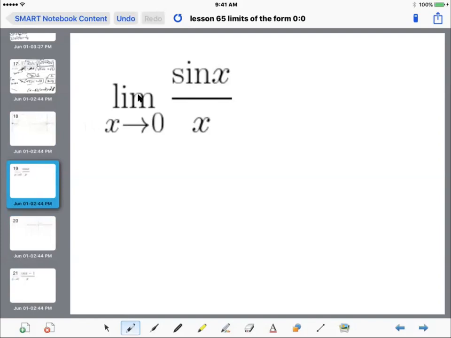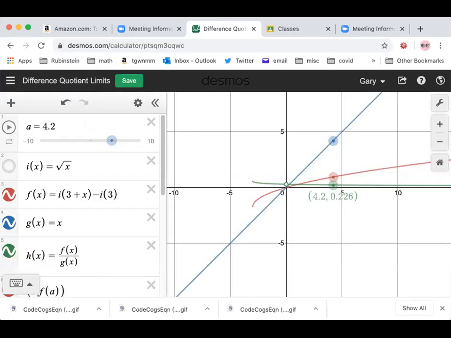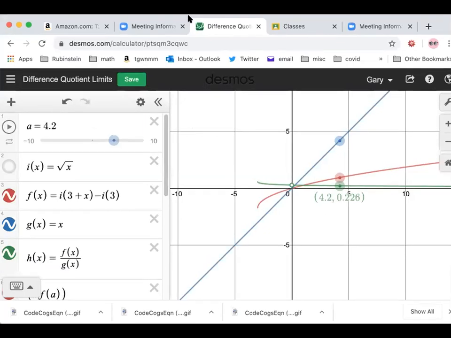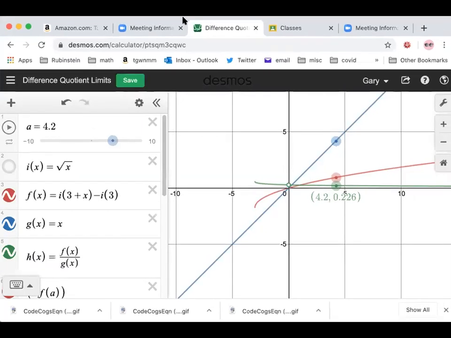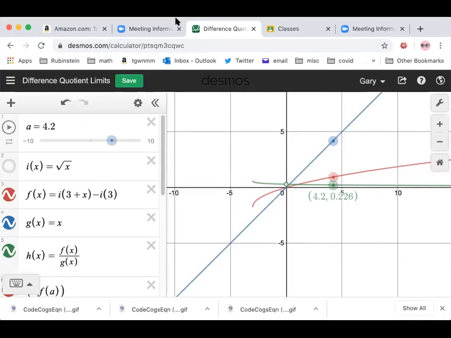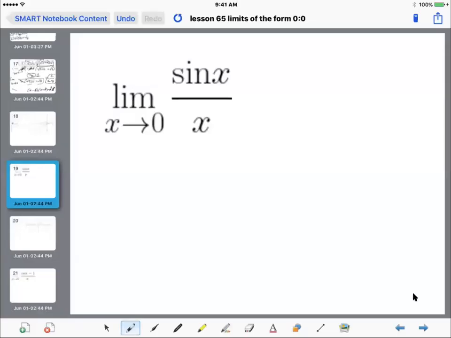Well, rather than the graphing calculator, I'm going to go back to the iPad. It's like I graphed these already. Okay, sine x and x, and this is, by the way, with x's in radians.